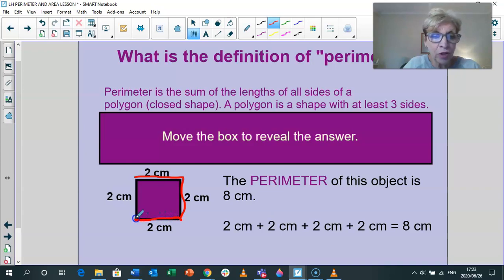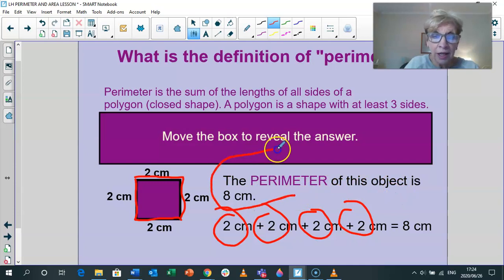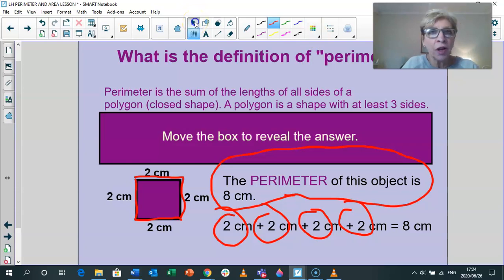I hope it wouldn't walk this crooked. And another 2 centimeters, and that in total is 2 plus 2 plus 2 plus 2, which is 8 centimeters. So the perimeter of this object, there's our answer, is 8 centimeters. Now do you see the perimeter? So easy.